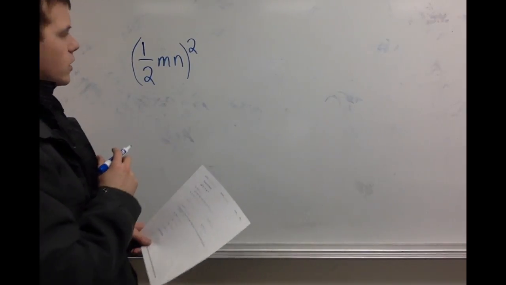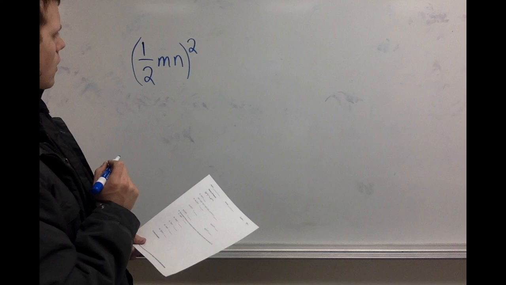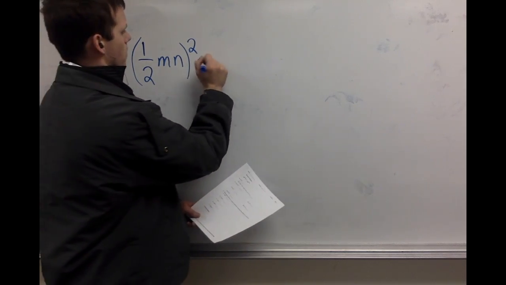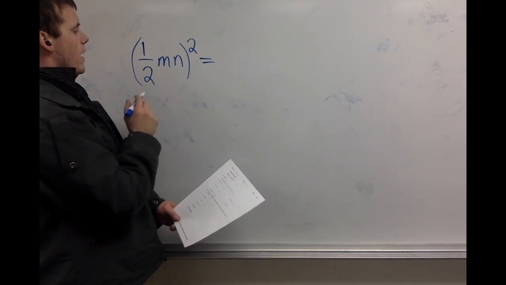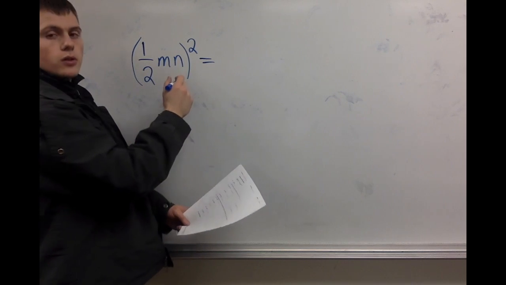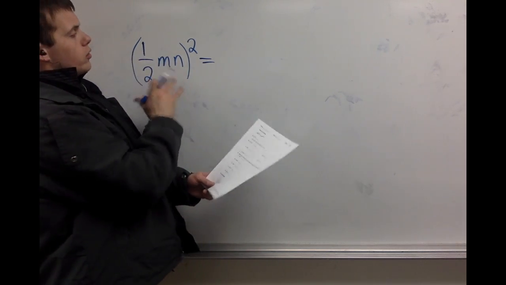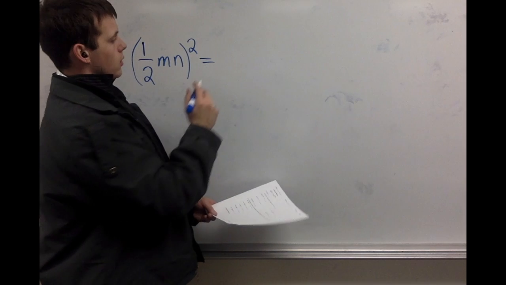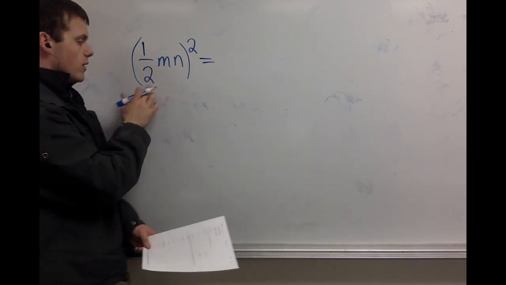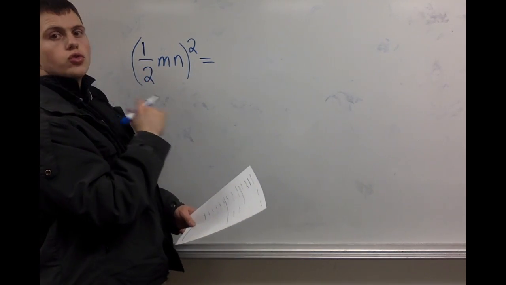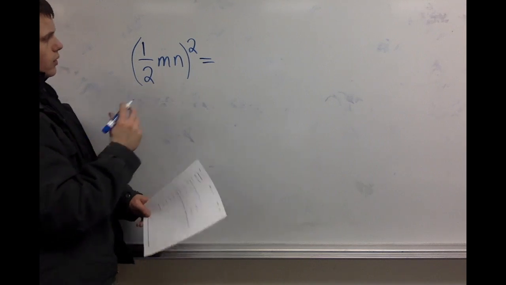Now this one is for all the money. Put it all together. So we have 1/2 mn all squared. You may think 1/2 looks scary. Treat it like a regular number.